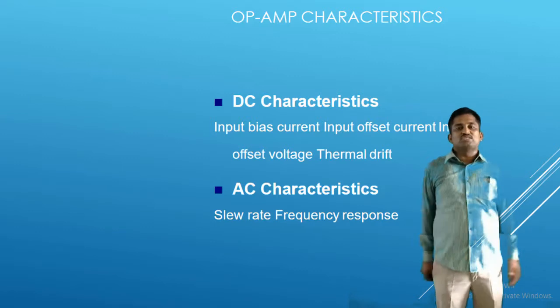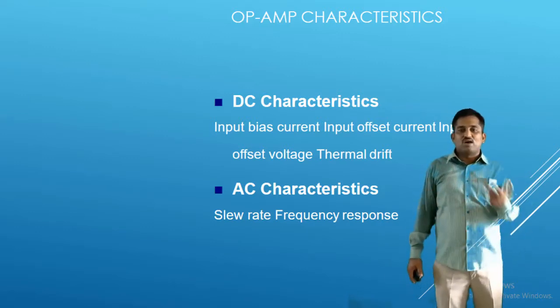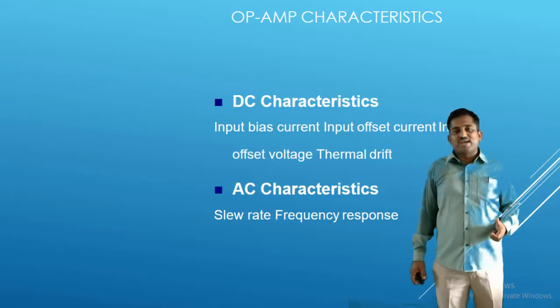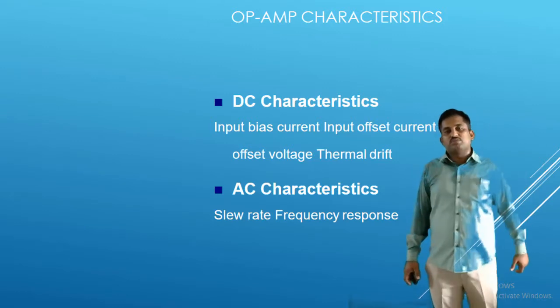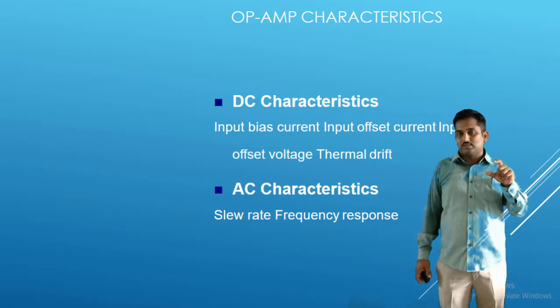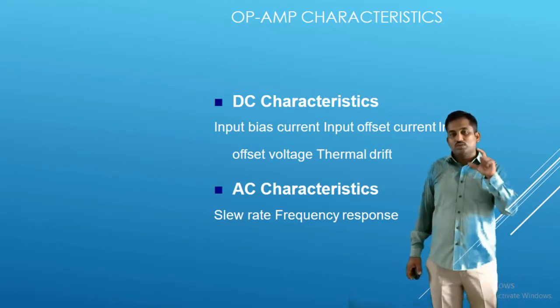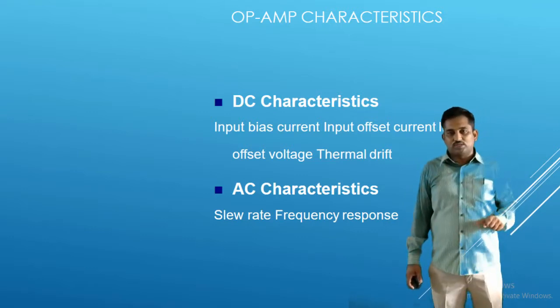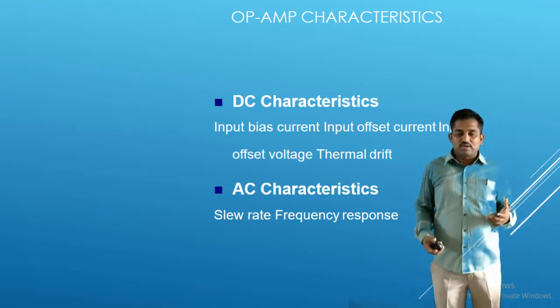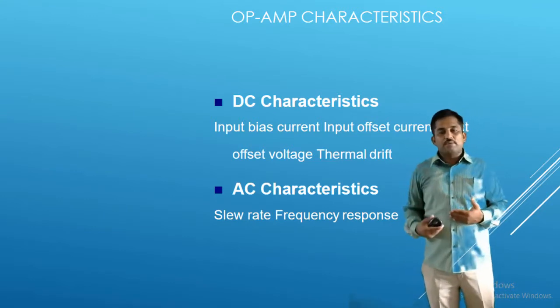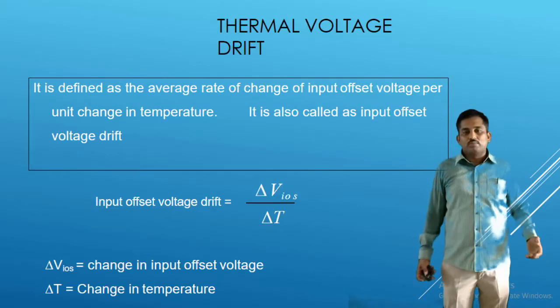So IIOS = |IB1 - IB2|. Generally, in the definition, it is the algebraic difference between the two input currents passing through the two input terminals of an op-amp when both the input terminals are connected to ground, which is nothing but the input offset current. And then next I am going to explain about the thermal drift.